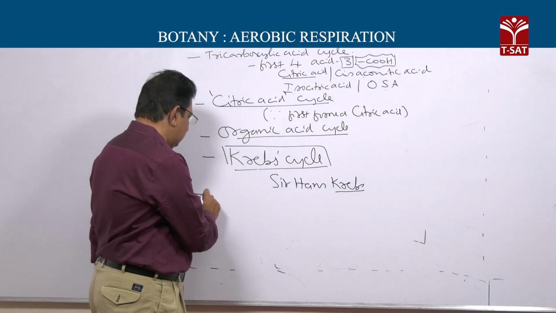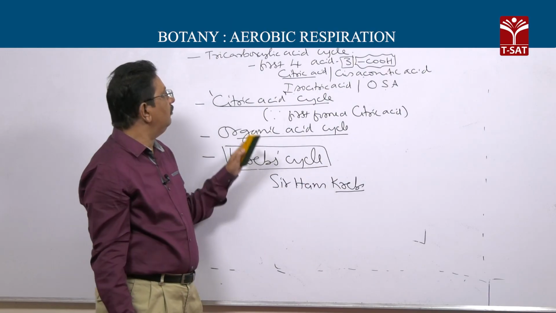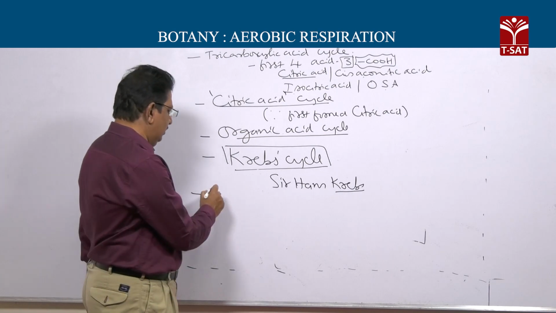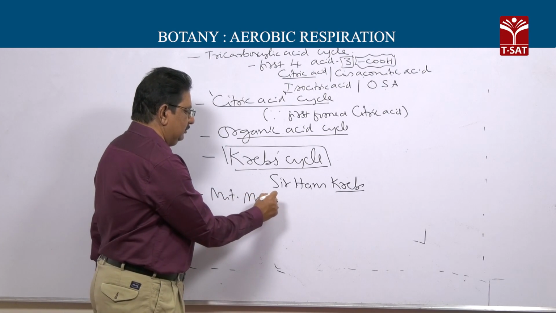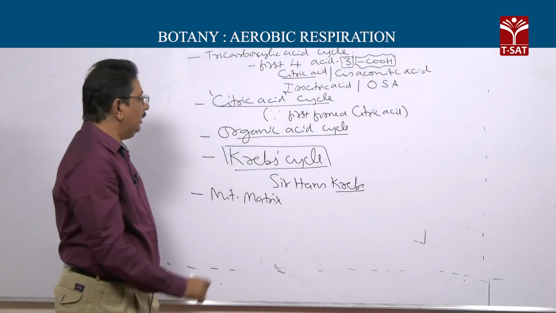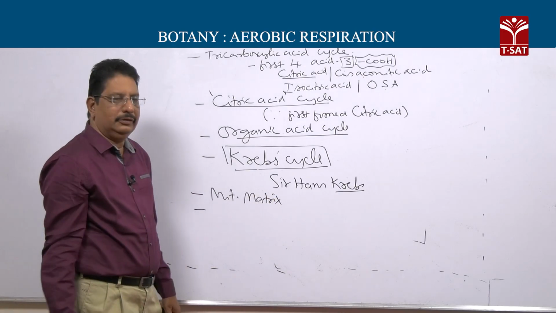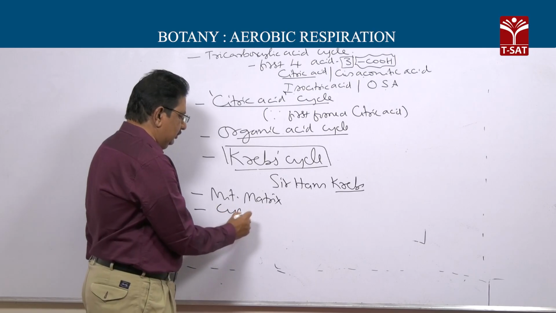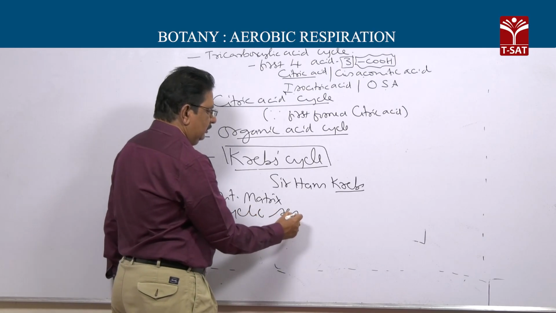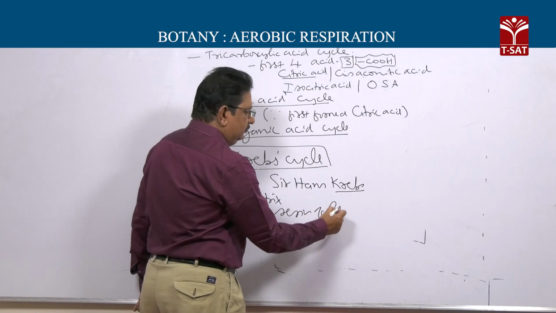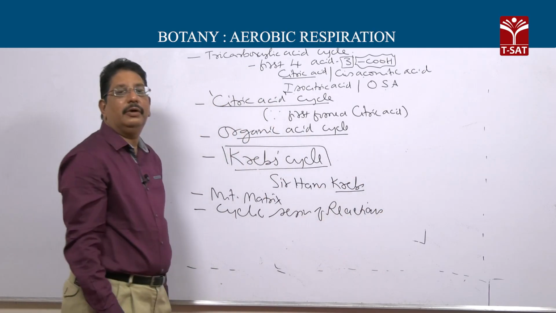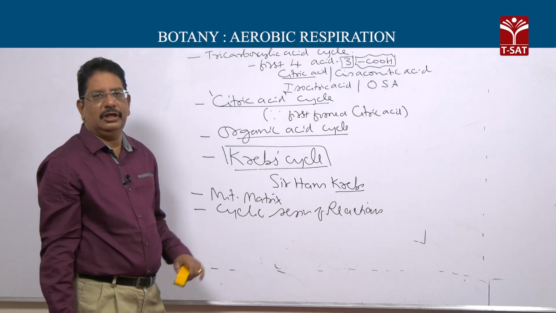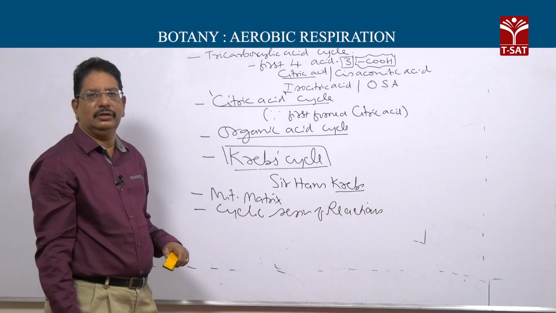The site of the Krebs cycle is the mitochondrial matrix. And in the Krebs cycle, what happens? There is a cyclic series of reactions catalyzed by a set of enzymes. So it is a cyclic pathway.